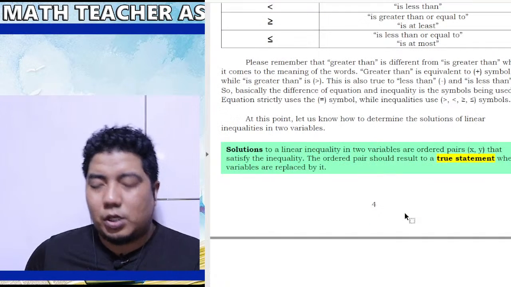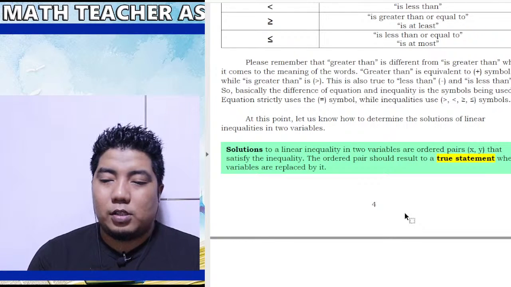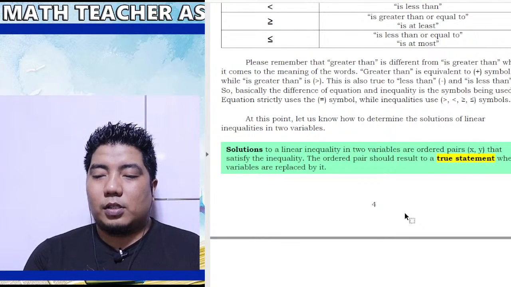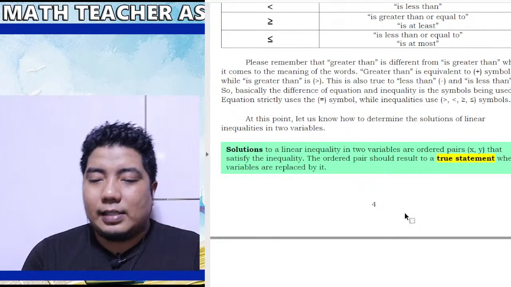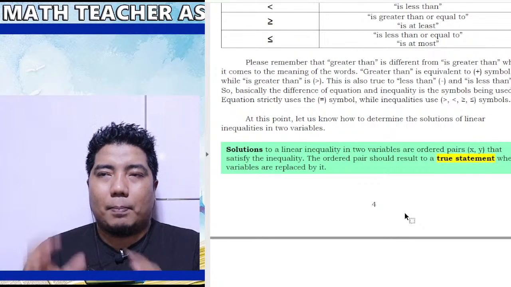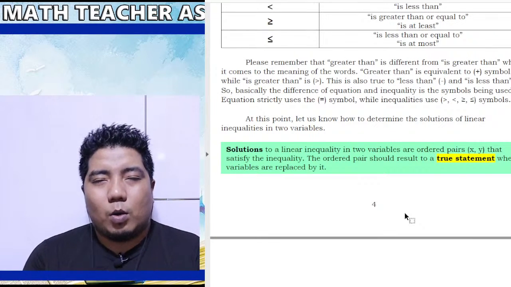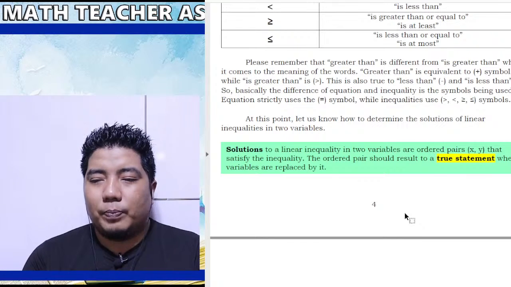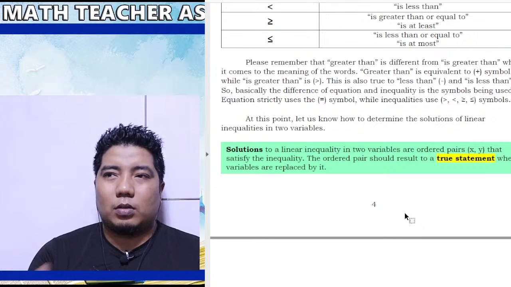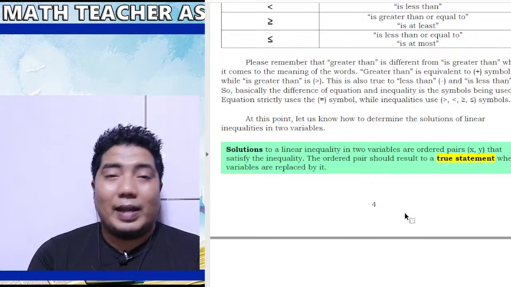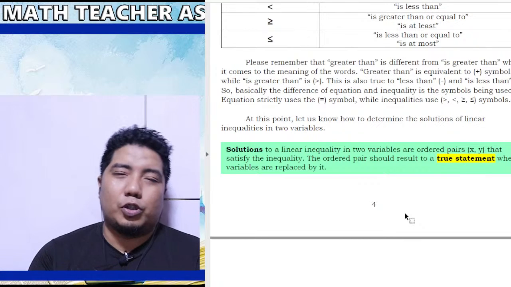Okay, so the solutions. How do we know the solutions to a linear inequality in two variables? The solutions to a linear inequality in two variables are ordered pairs represented by x and y that satisfy the inequality. Meaning, when you substitute the values of x and y into the actual linear inequality in two variables, and the result is a true statement, then those are solutions of the given inequality.